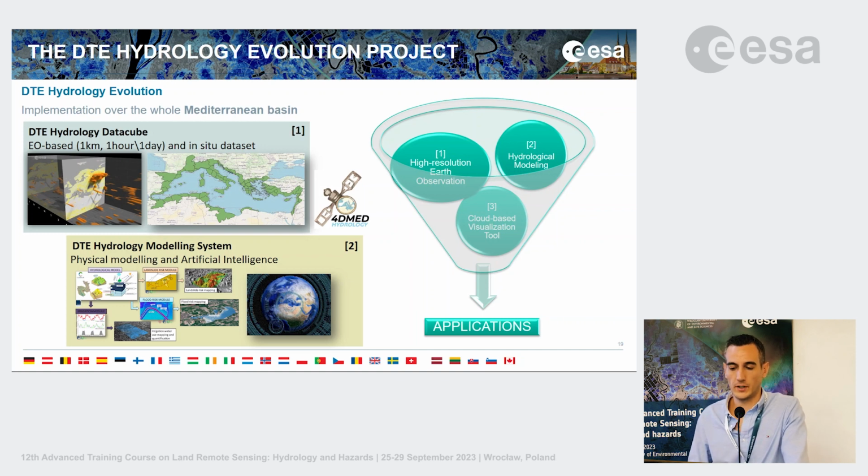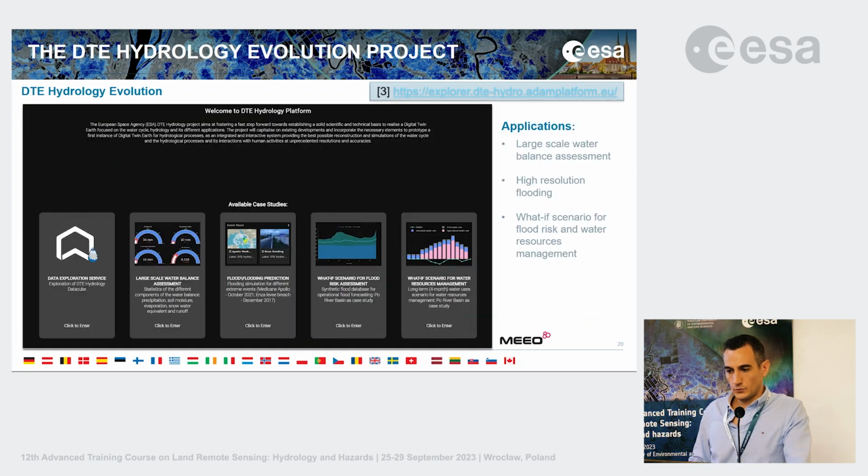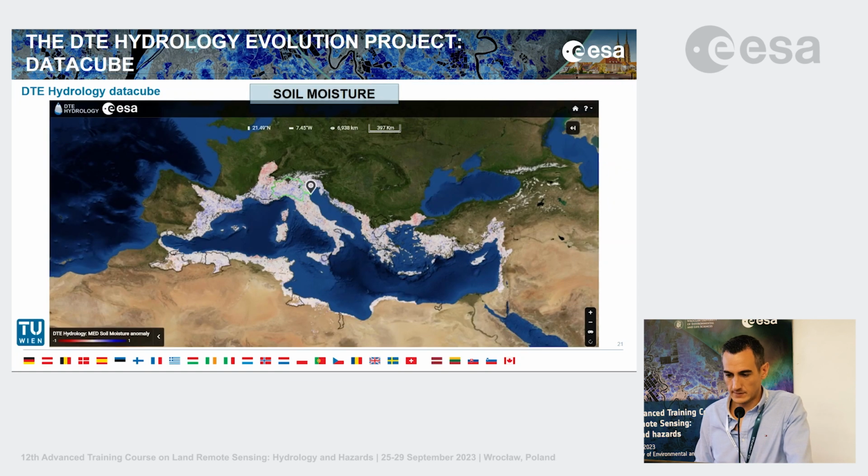The aim is to reconstruct the water cycle over the whole Mediterranean basin scale. So what's important here is the cloud-based platform. This is the platform, there is the link, and as I said, this afternoon we will play a bit with it. Since we have not so much time, I will go directly to the details.